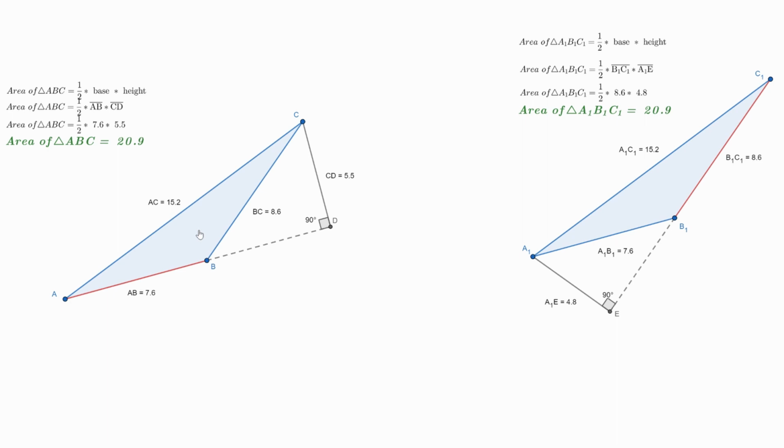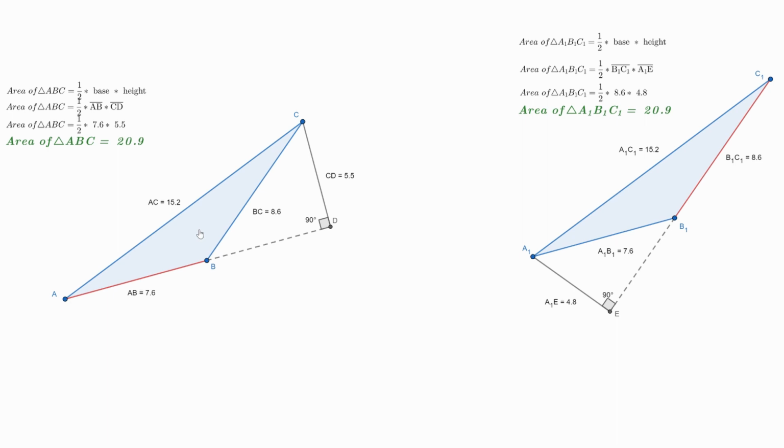So essentially both the triangles are of the same shape and the same size, so their area, practically speaking, should be the same no matter what base and what height you have taken.